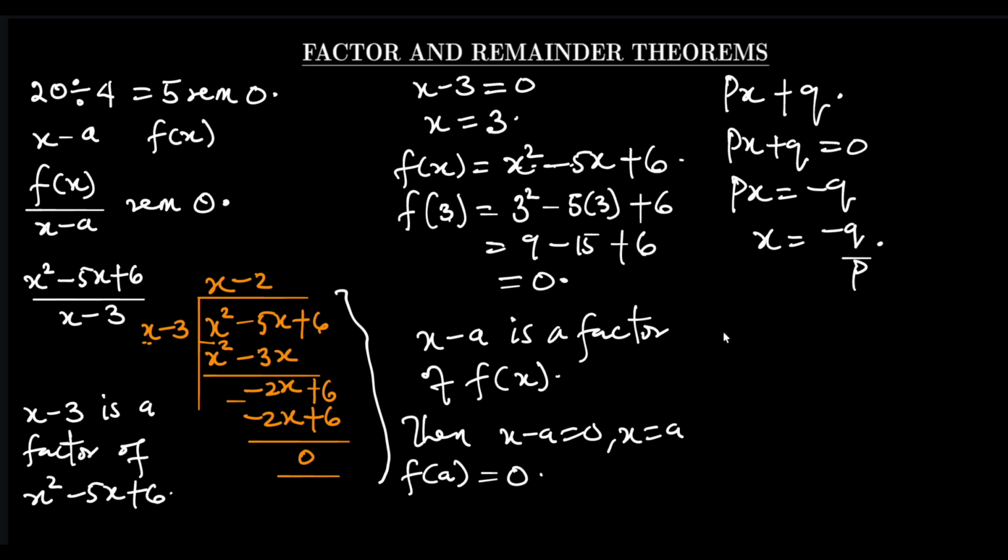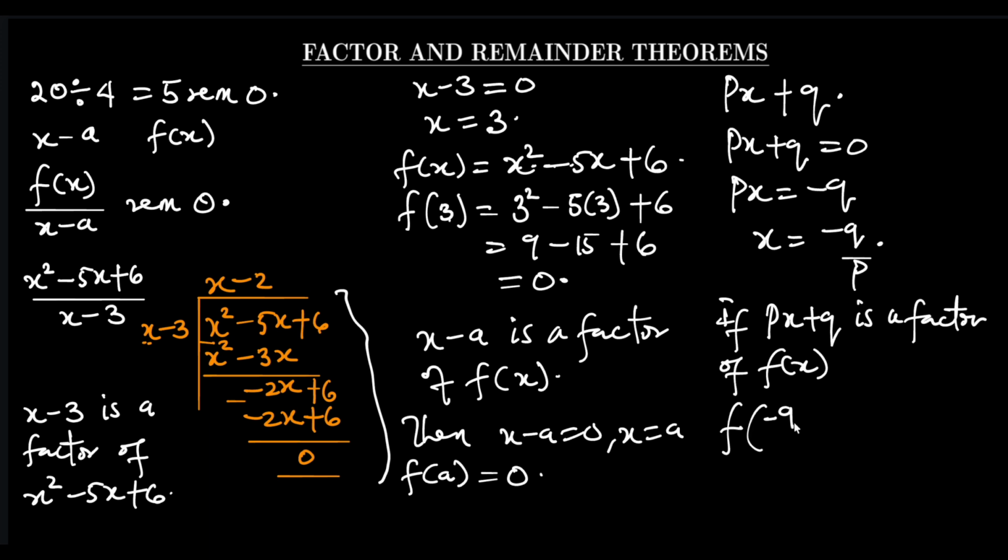Which means that if px plus q is a factor of f of x, then f of negative q over p is equal to 0.